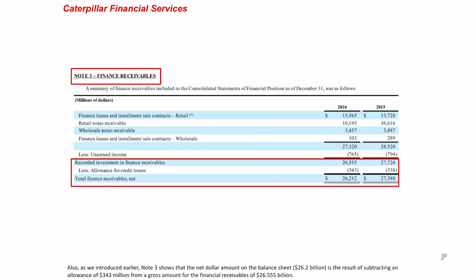Also, as we introduced earlier, Note 3 shows us that the net dollar amount on the balance sheet, $26.2 billion, is the result of subtracting an allowance of $343 million from a gross amount for the financial receivables of $26.555 billion.